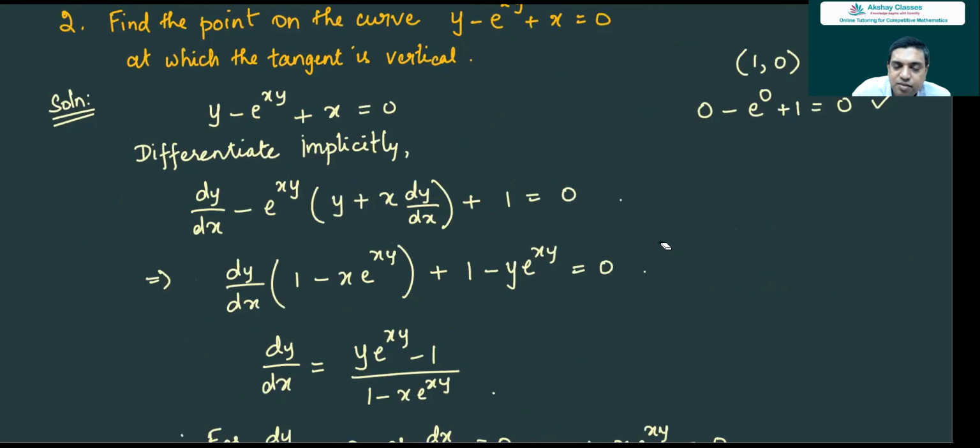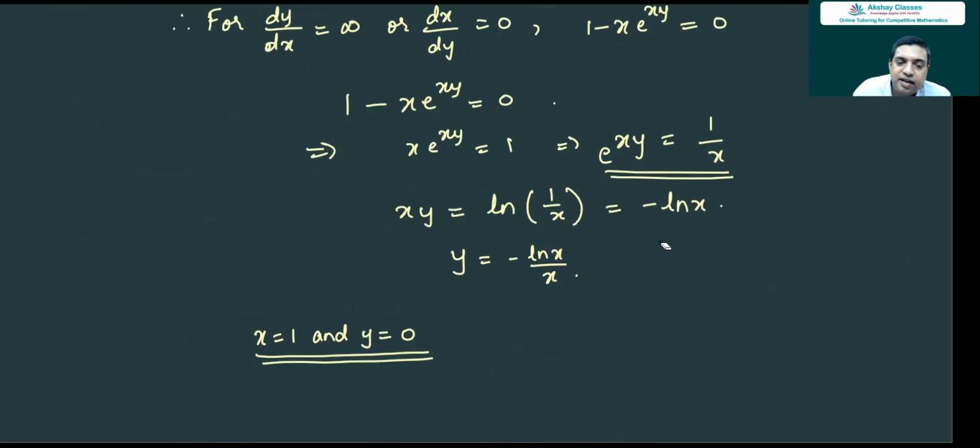And at that point, the tangent is vertical. At the point 1 comma 0, the curve has a vertical tangent.